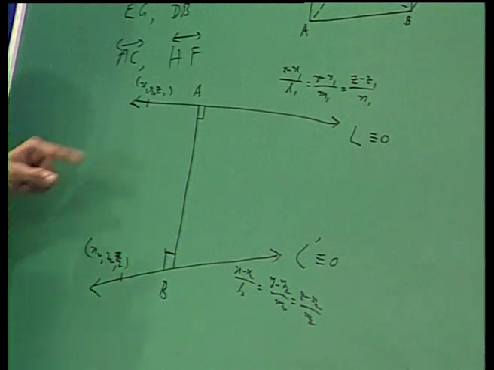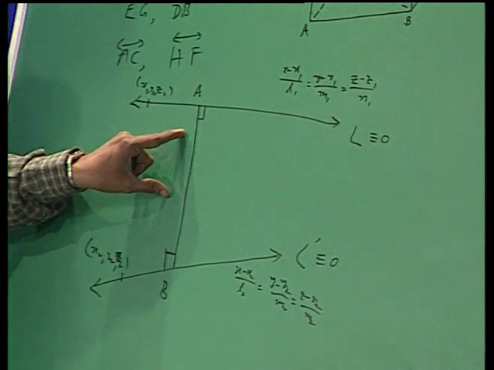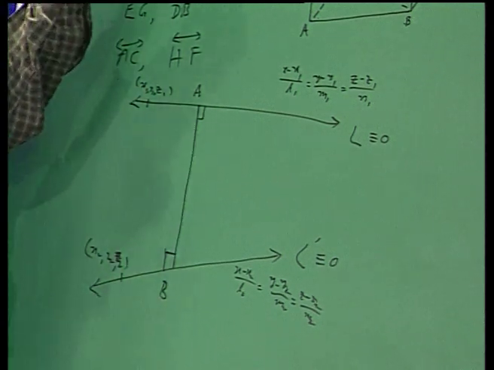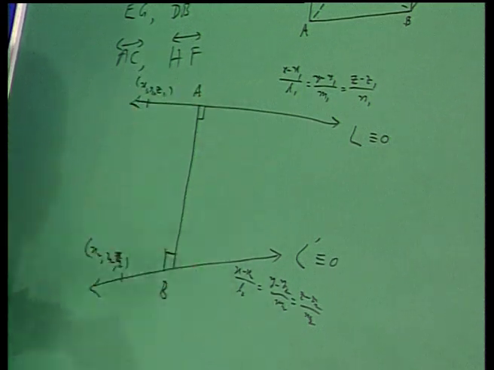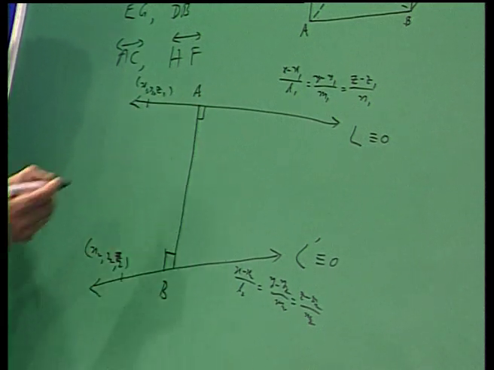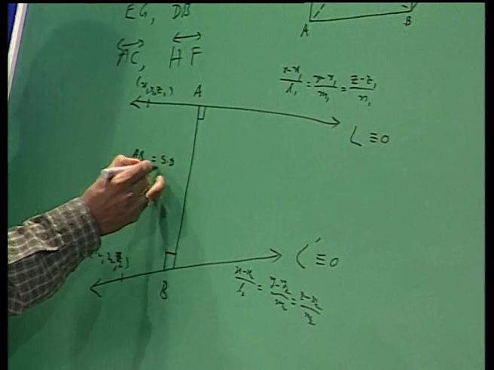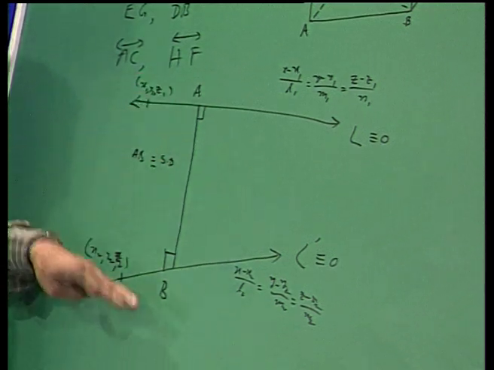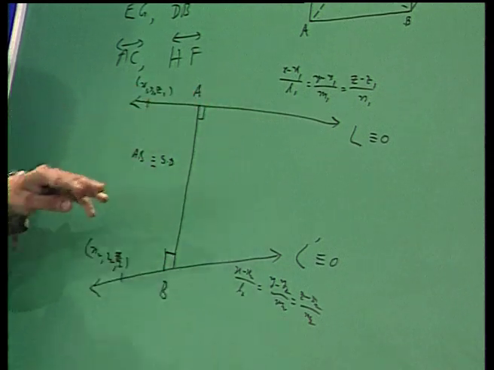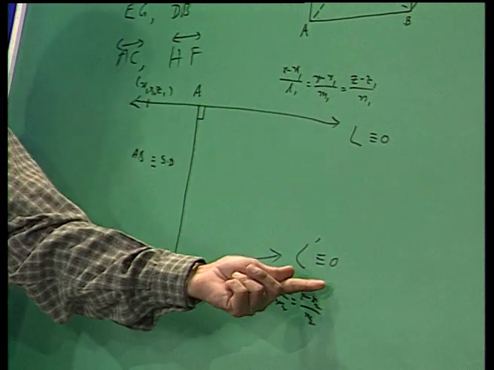Then the length of this line segment AB is defined to be the shortest distance between these two skew lines. So, the length AB is the length of the shortest distance between these two skew lines, L equal to 0 and L dash equal to 0.